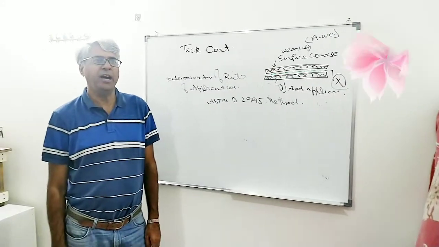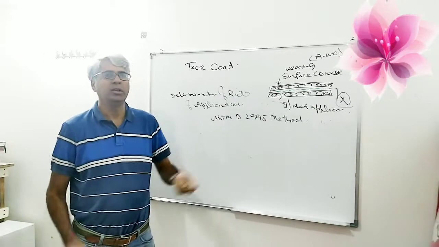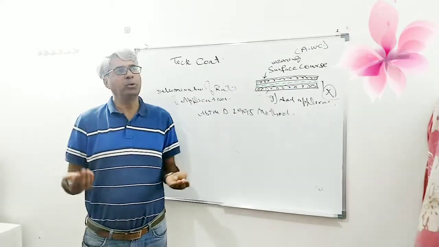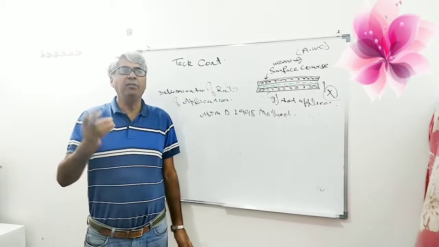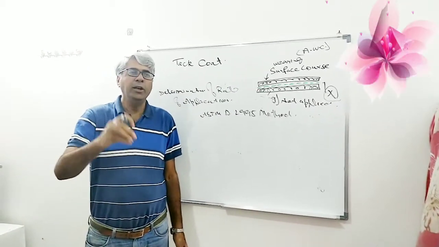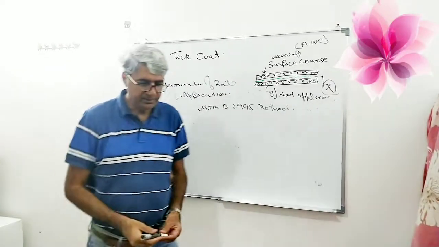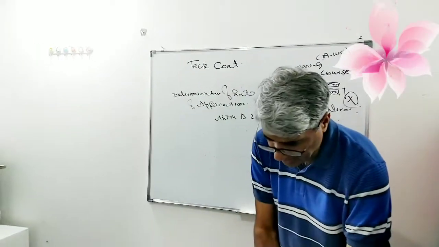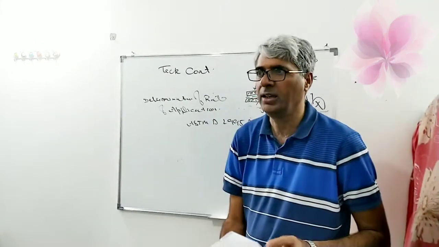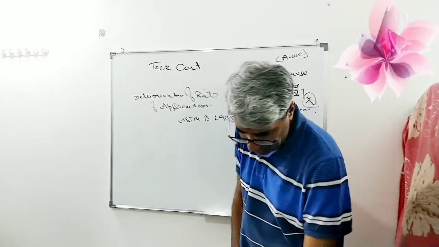As an engineer or as a student, all of you should know that either it is a prime coat or it is a tack coat, it is a material. Material always needs to be verified by certain tests. So for this tack coat, we have some tests. We have the same tests for the prime coat also. But I will not go into detail about these tests.